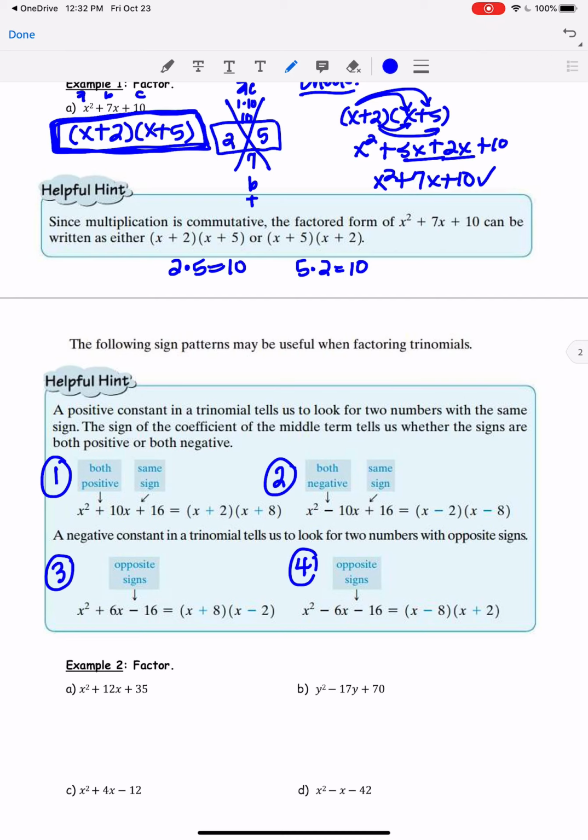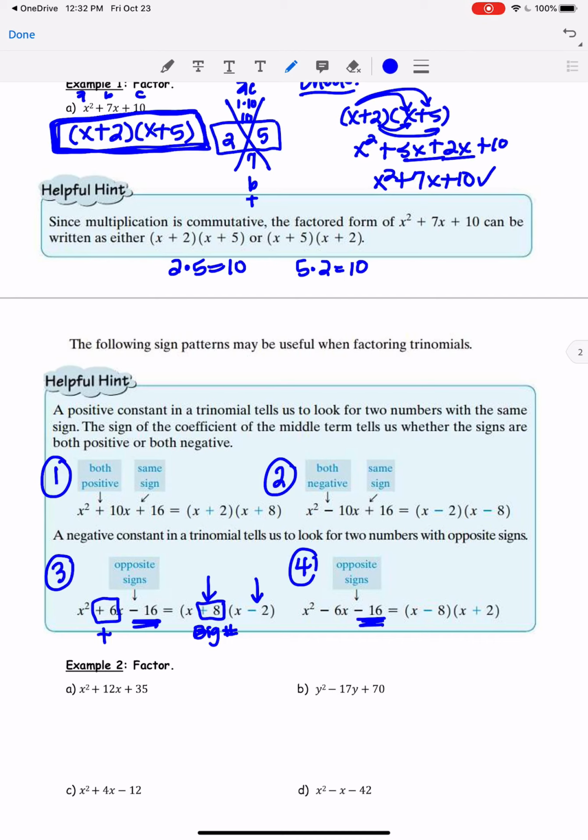With cases 3 and 4, when you have a negative C, the only way to get a negative number is to multiply a positive times a negative. So your signs here are going to be different. And so then you want to look at your B term. If my B term here is positive, then my bigger number is also positive. But you can see between 3 and 4, this is a negative 16, a negative 16.